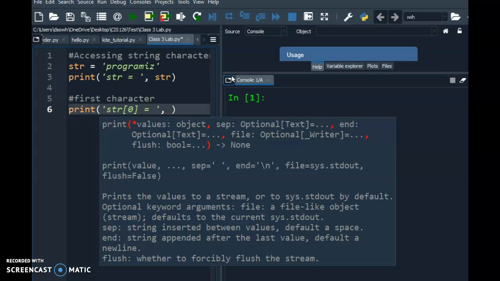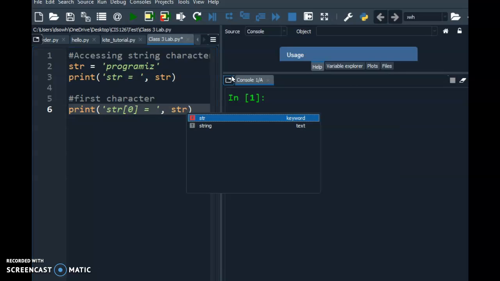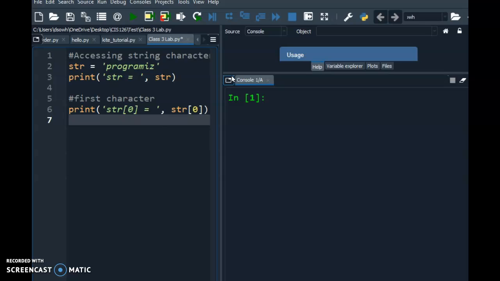I think so. Okay. Go to L. Enter twice. Okay. And yeah.